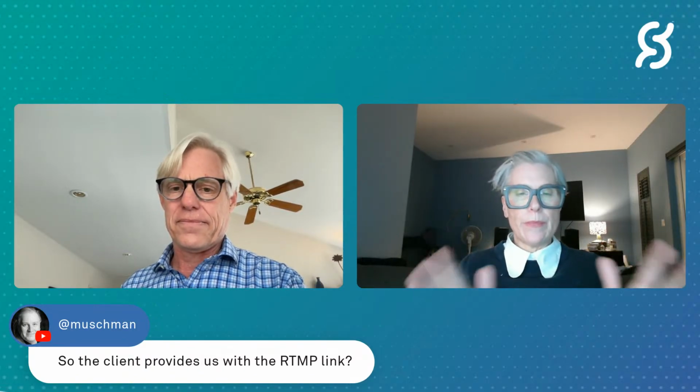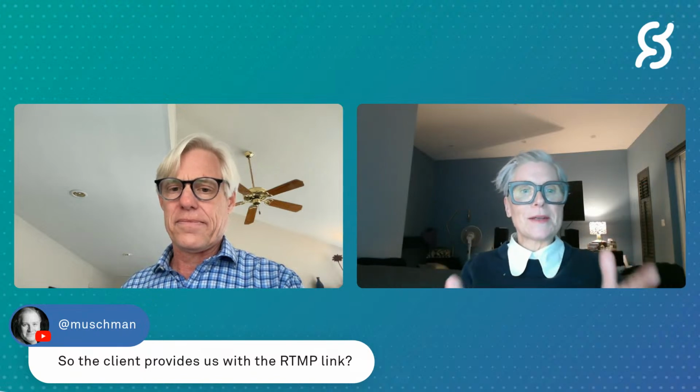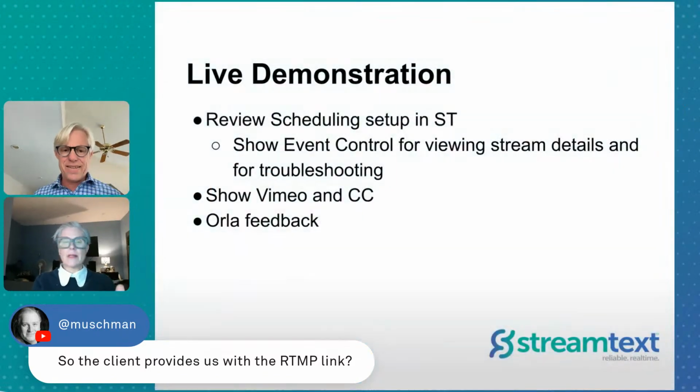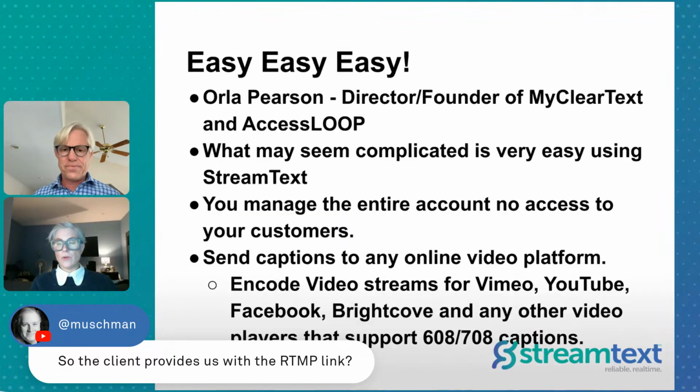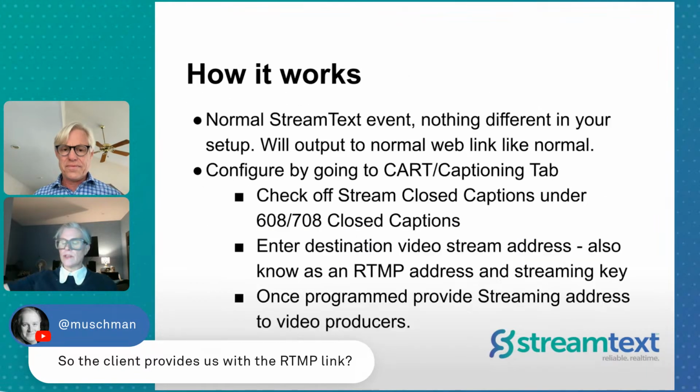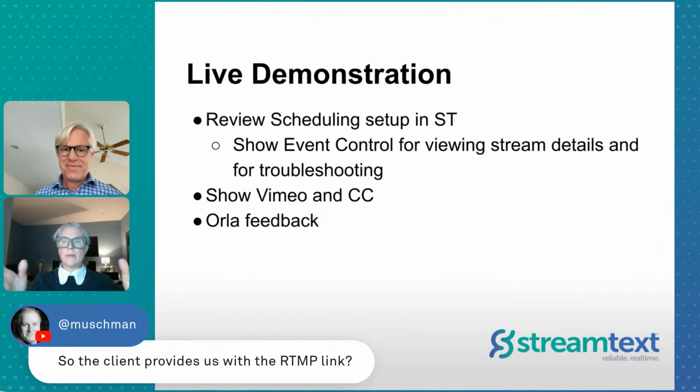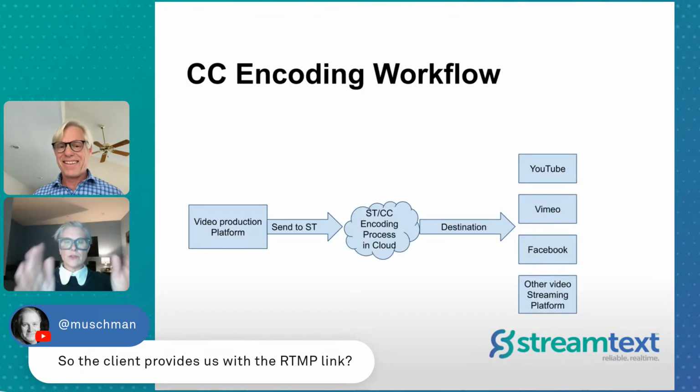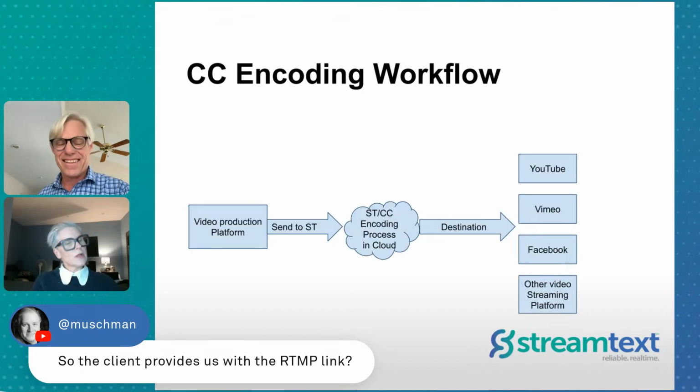I think there's two sets of RTMP. So Nick's diagram, if you can stick that up, Nick, StreamText sits in the middle. In a normal situation, the client would send straight to YouTube. Where they want closed captioning, StreamText sits in the middle. So the client needs to send to you and you need to send to the destination.